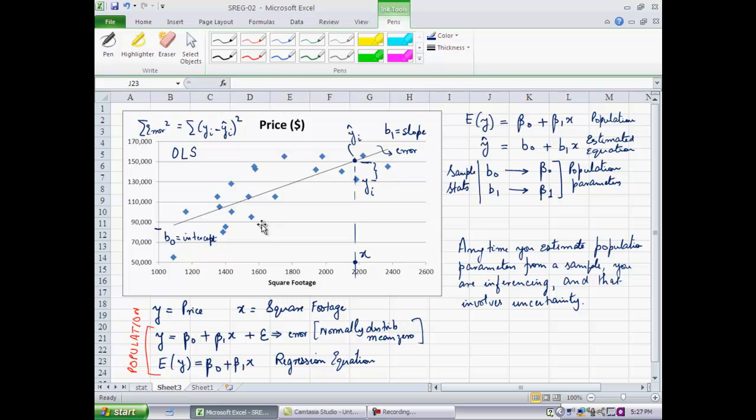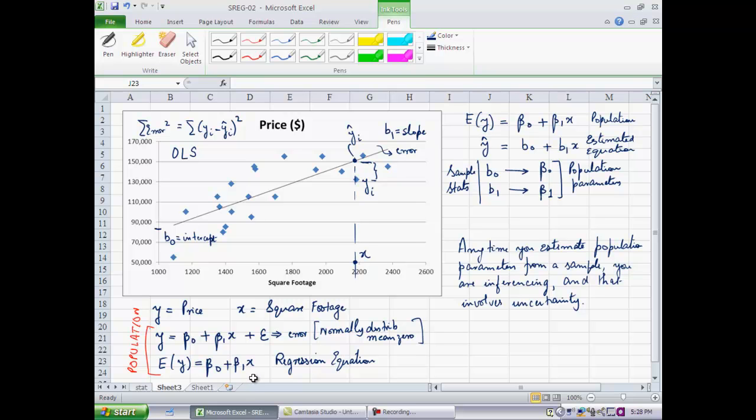So we will use these conceptual building blocks. Remember that what we would like to find is the true intercept and the true slope for the line that predicts price as a function of square footage, and this should apply for all houses. So this equation is for the population of all houses.